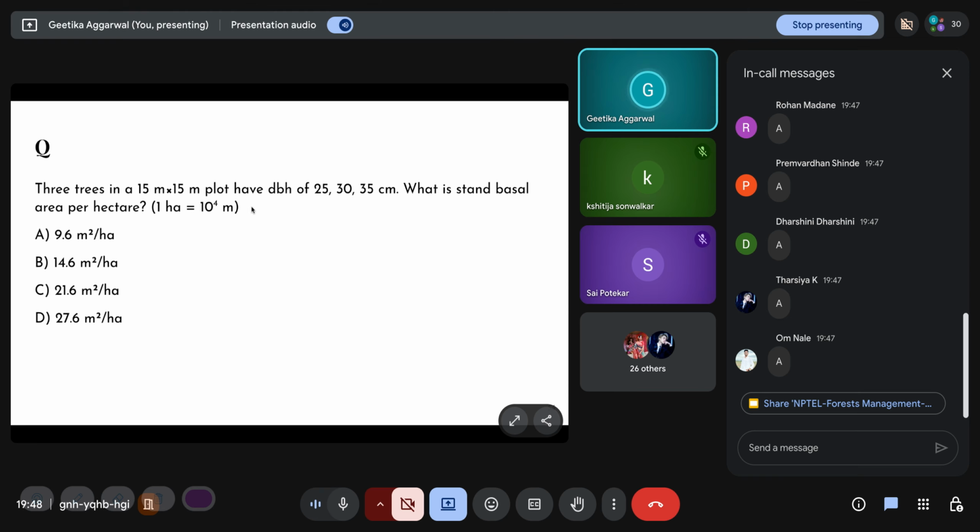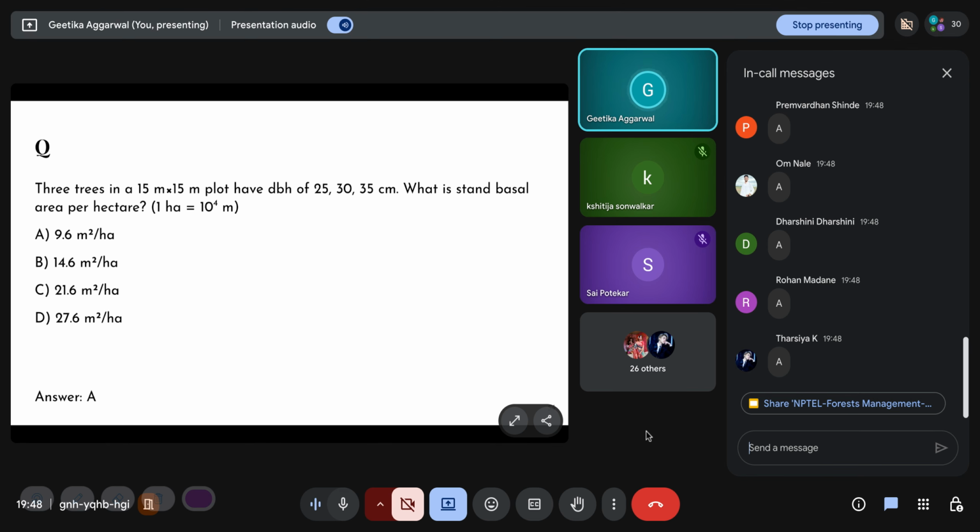And 1 hectare is 10 by 4 meters. Okay, everybody is saying 9.6 meters square per hectare. The correct answer is 9.6 meters square per hectare.